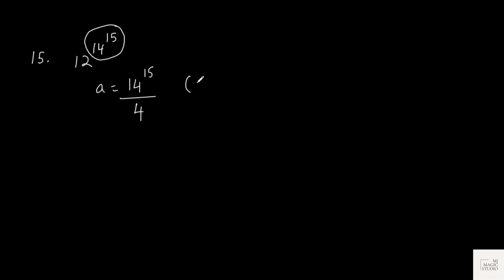Now 14 can be written as 4 into 3 plus 2, to the power 15. When expanded and divided by 4, all the terms would be divisible by 4 except the last term, which will be 2 to the power 15.